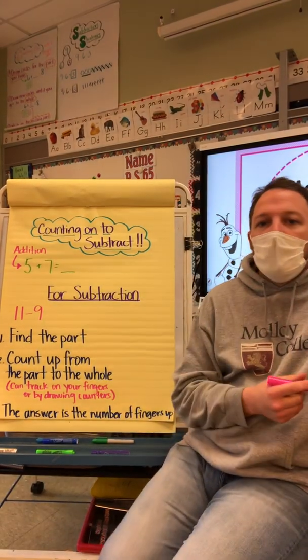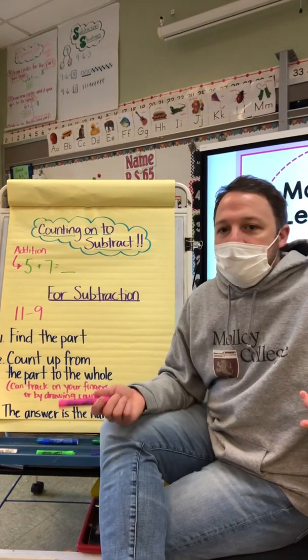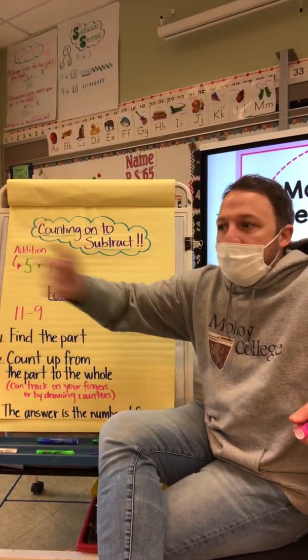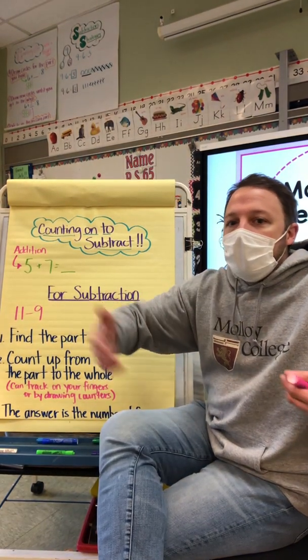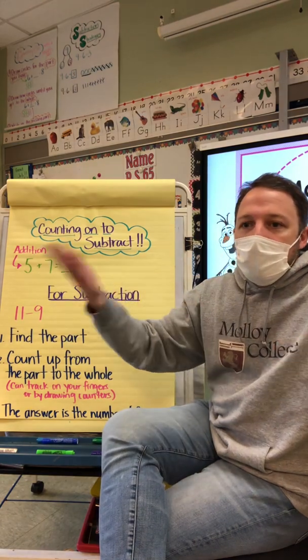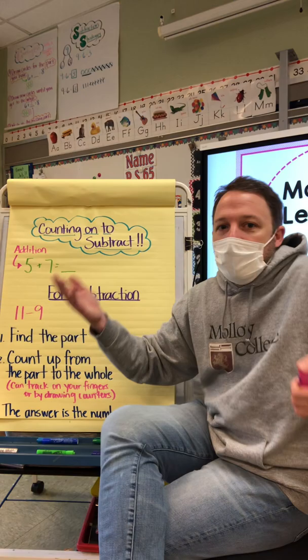Thank you, Sandy. Counting on you usually think of as an addition strategy, because if you count on, a number gets bigger. And if a number is getting bigger, you're usually adding, because we know that in subtraction, numbers usually get what? Lower, thank you. Only one person, but we'll get there, okay?